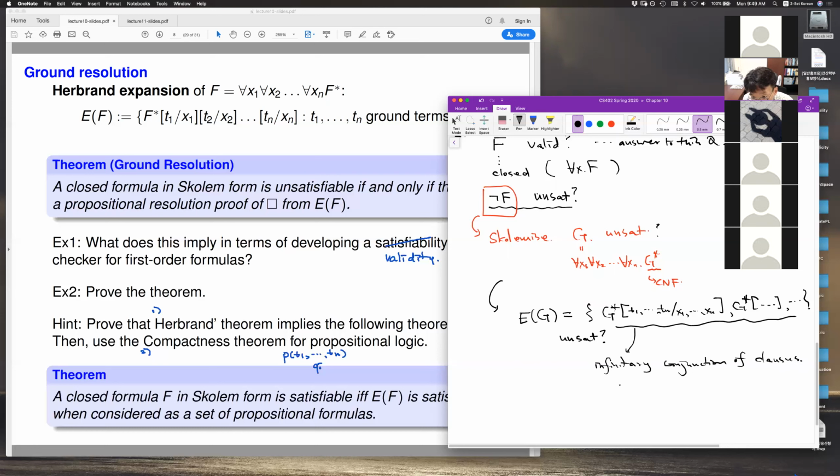So according to this theorem, to check whether this is unsatisfiable, it suffices to check whether from this infinitary conjunction of clauses, we can derive box using resolution.